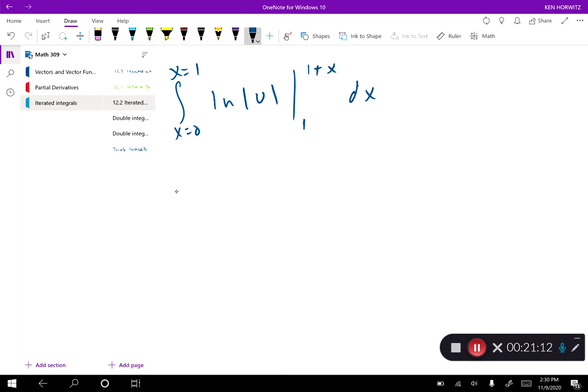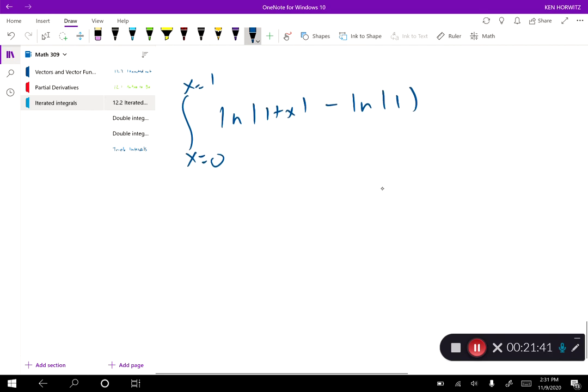So I have the integral from x equals 0 to x equals 1, and I'm going to plug in ln of 1 plus x minus the ln of 1. I know that the ln of 1 is 0, so I'm left with the integral from x equals 0 to x equals 1 of ln(1 plus x) dx.